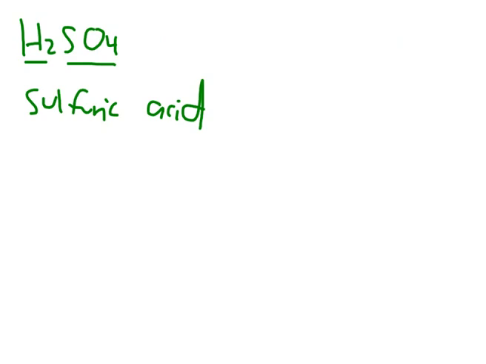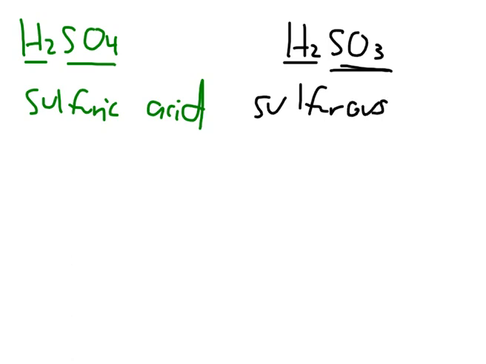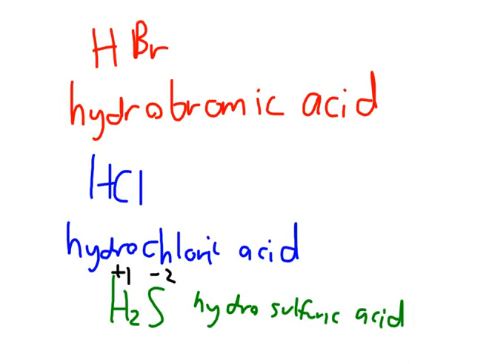So there's that. However, if I was instead doing H2SO3, then that would end in ous, since this ends in ite. So this would become sulfurous acid. Remember, hydro only comes in if you've got a singular element as the anion. Not happening here.